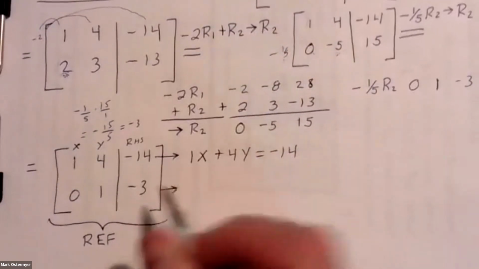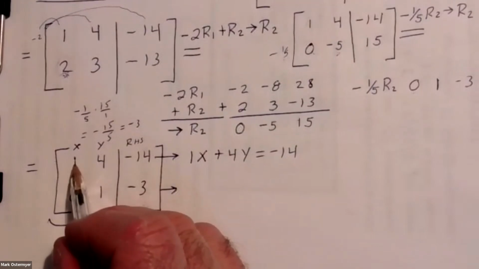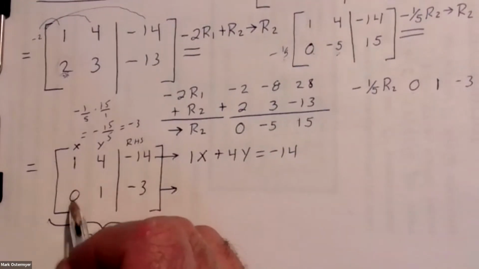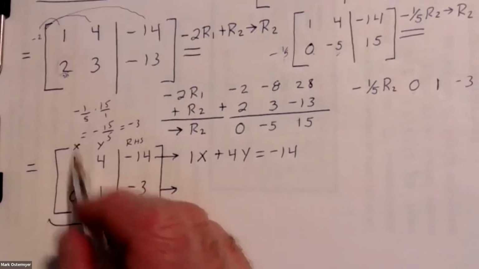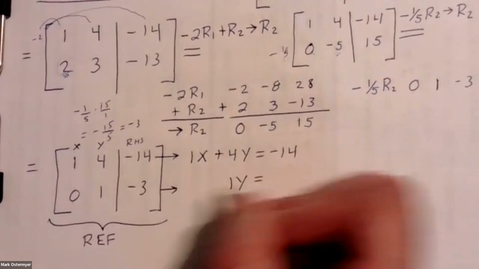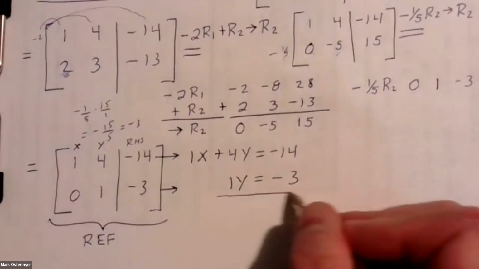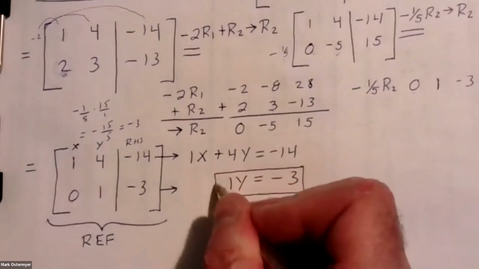From the second row, we generate this equation, 0x. Now, when I say 0x, that means the x does not appear. 0x plus 1y, so we have 1y is equal to -3. Guess what? Our y coordinate of our ordered pair solution is -3.